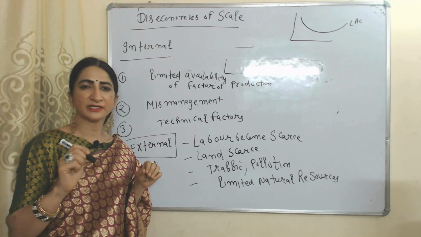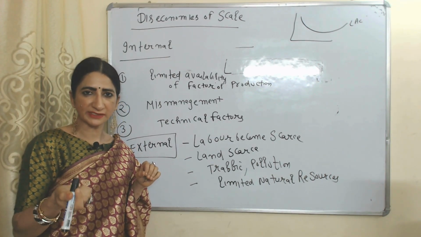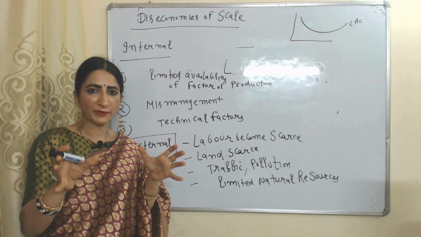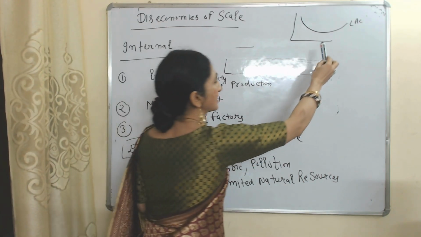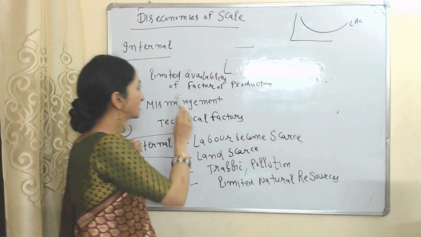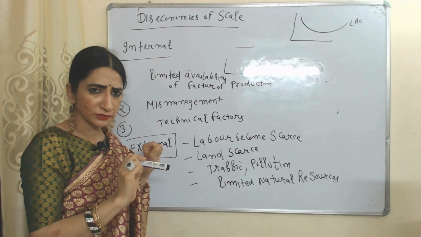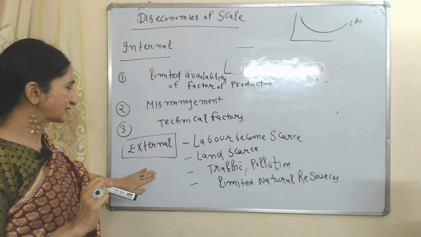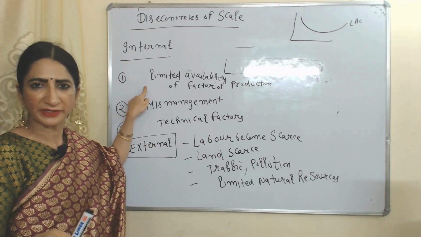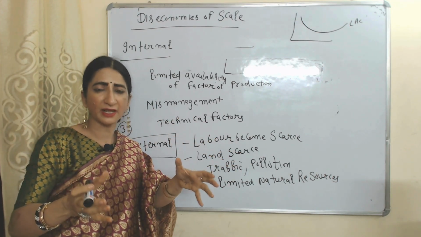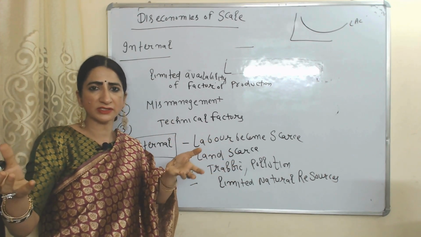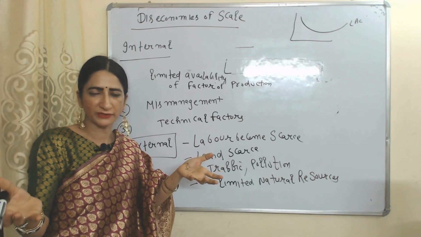Diseconomies of scale. Diseconomies of scale are some disadvantages which large firms receive when they increase the scale of their production. As a result, their long run average cost increases. Diseconomies are also divided into two parts, internal and external. Limited availability of factors of production. If you continue increasing the demand for raw material, after some time your local supplier will not be able to fulfill your demand.